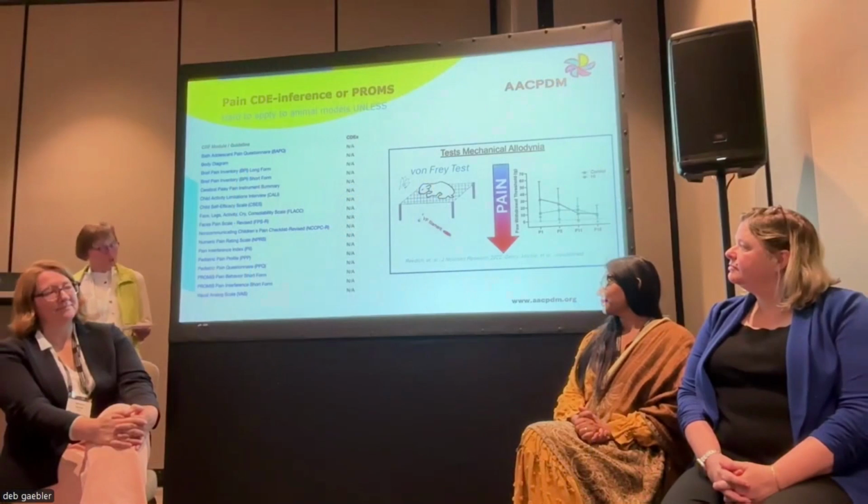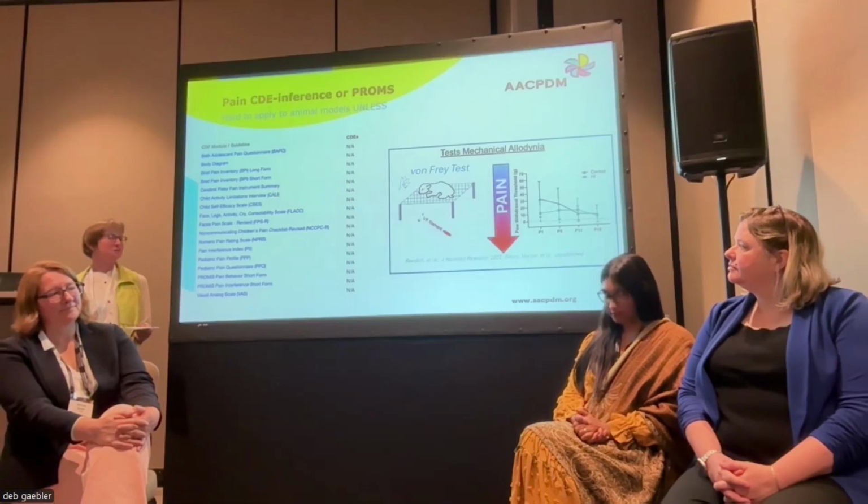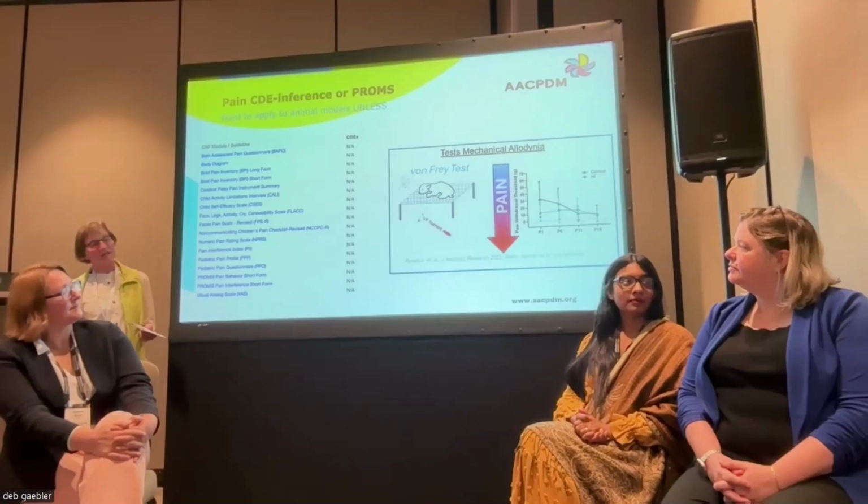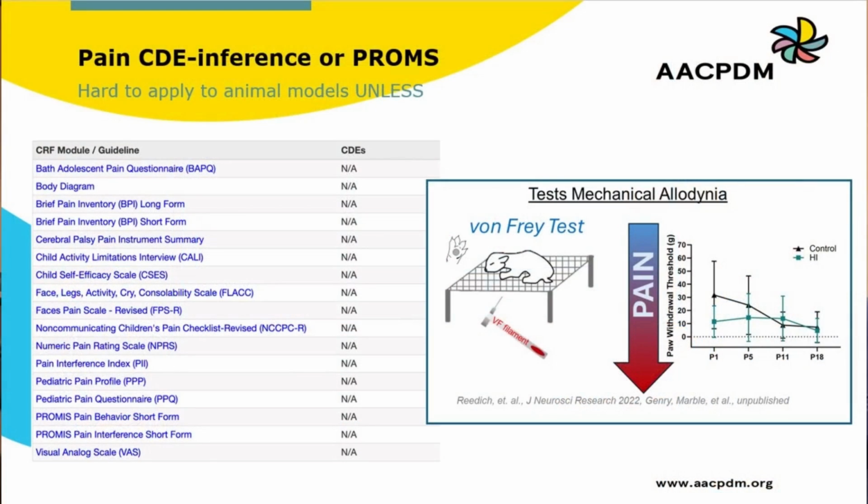Megan, do you take into account translation of the ICF, or International Classification of Functioning outcomes, and can you provide the example with chronic pain? Sure. From the animal world, we have very quantifiable measures of pain, where an example is the von Frey test that's shown here on the right.